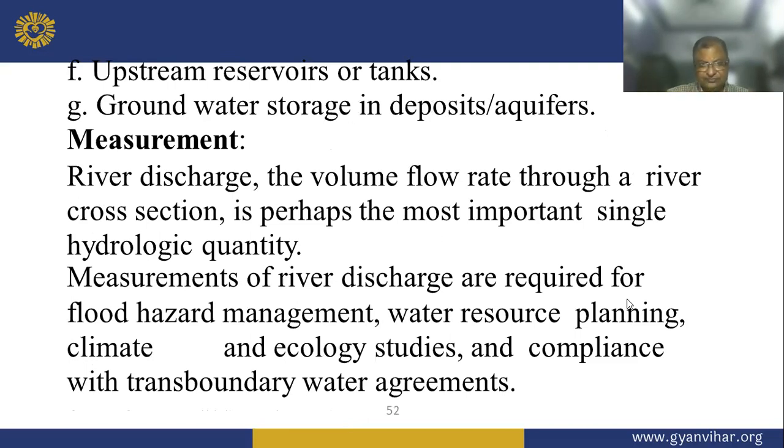Measurement. River discharge is the volume flow rate through a river. The river discharge, the volume flow rate through a river cross section, is perhaps the most important single hydrological quantity.